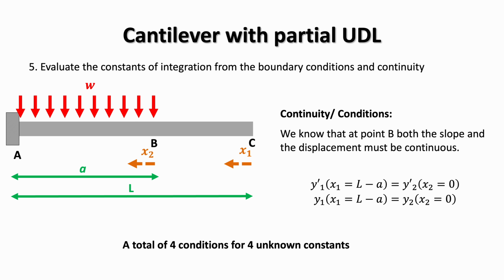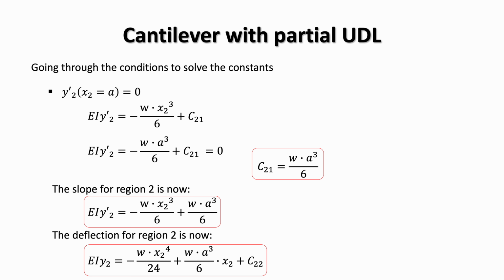So the continuity conditions are, for the slope from region 1 when x1 equals L minus A has to equal the slope from region 2 when x2 equals 0, and the deflection for region 1 when x1 equals L minus A has to equal the deflection for region 2 when x2 equals 0. Together with the two boundary conditions at the fixed end A, this gives us a total of 4 equations for the 4 unknown constants. We'll now start substituting the conditions to determine the constants.